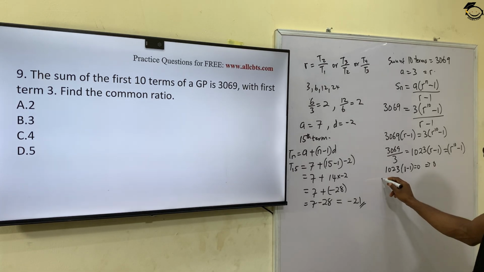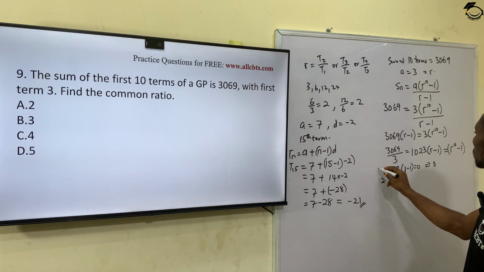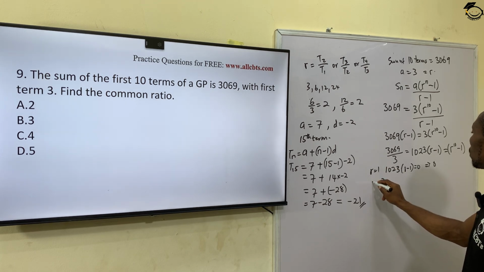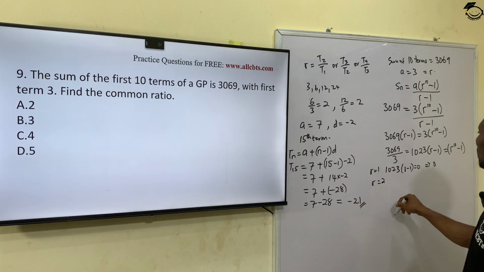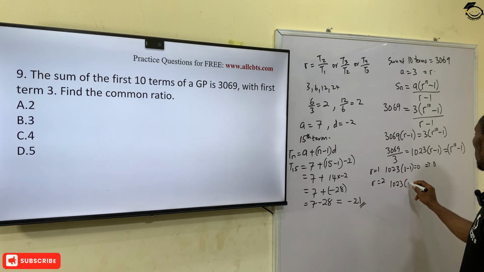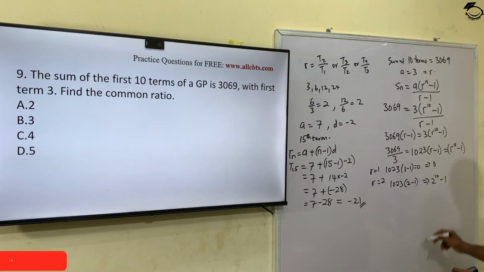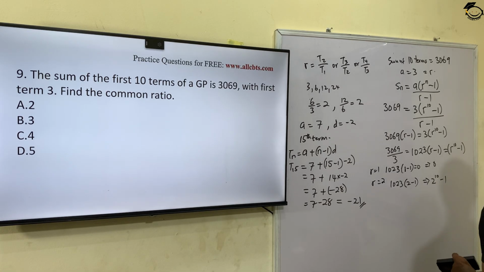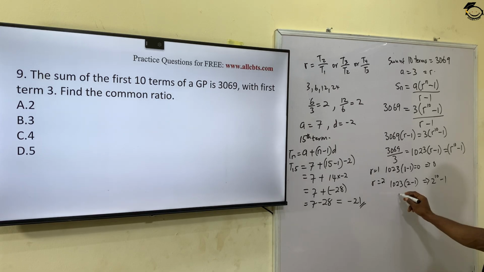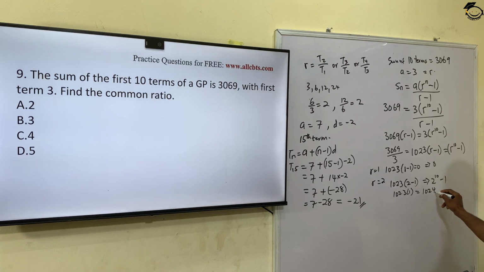Now looking at 2 also, this is for R equals 1, R equals 2, we have 1023 times (2 minus 1) equals 2 raised to power 10 minus 1. 2 raised to power 10 will give us 1024 minus 1.